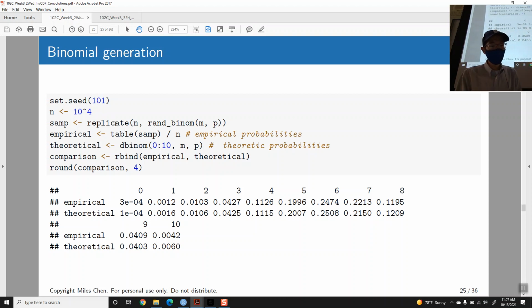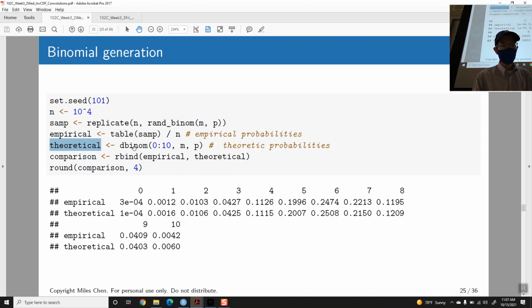I'm going to use the function replicate, which takes my random binomial function and does 10,000 replicates of it. Then we get empirical probabilities based on my 10,000 replicates. I'll take my sample of binomial values and ask how many times did you get 0, 1, 2, 3, and compare that to the theoretical.